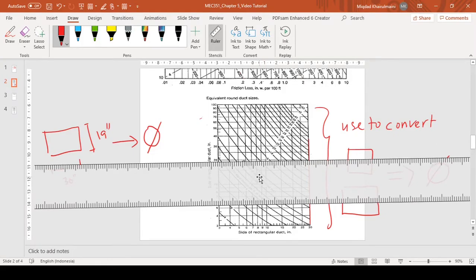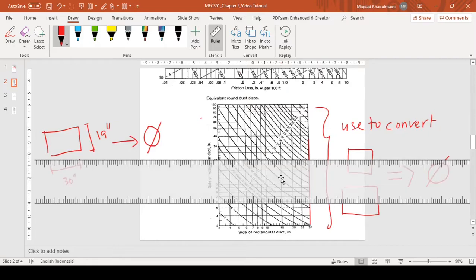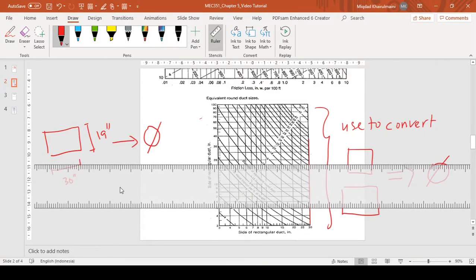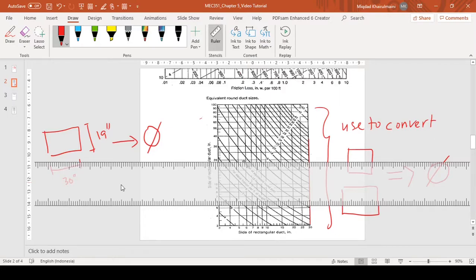The chart is a bit crooked, so make sure to draw the line here.